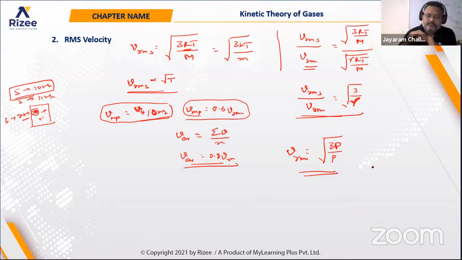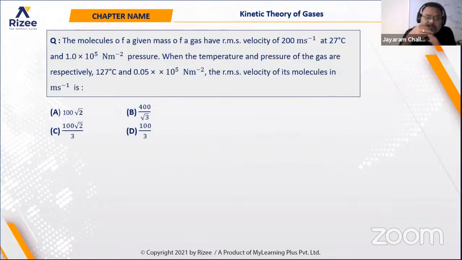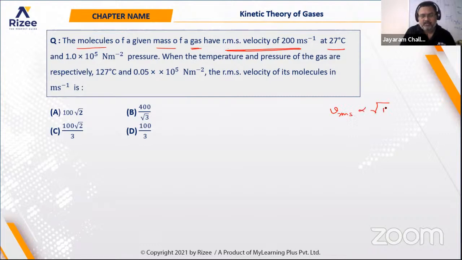So now, when we look at the questions on this particular topic: the molecule of a given mass of a gas has some RMS velocity. As we have just studied, the V RMS velocity is directly proportional to the square root of absolute temperature.